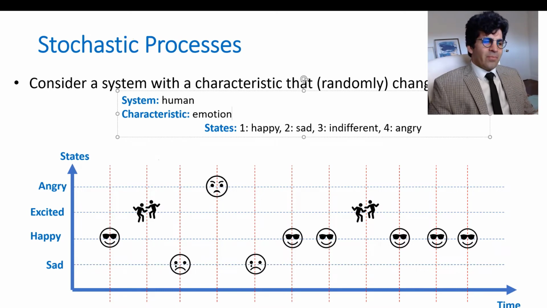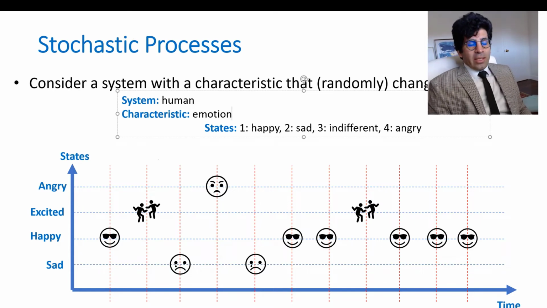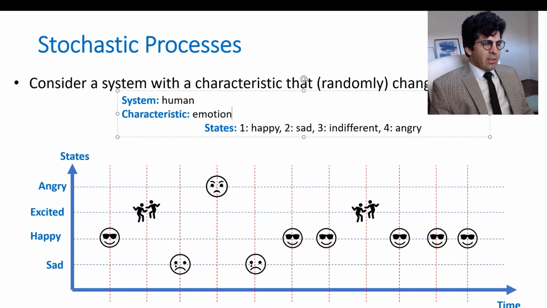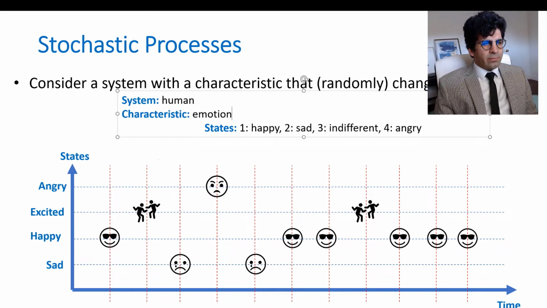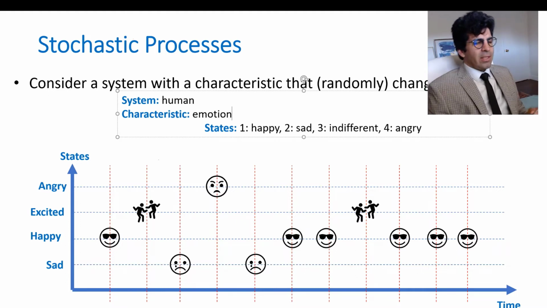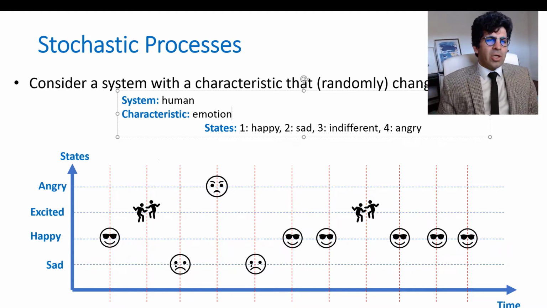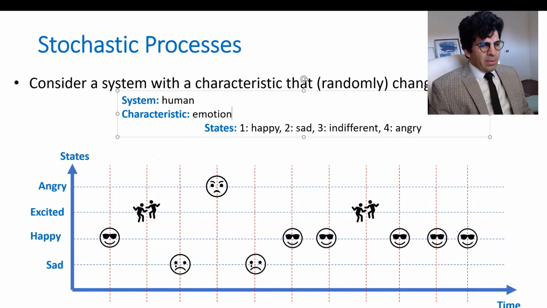Next day they were very sad because of what they saw, and then the following day they probably talked to some friends and figured out why that thing they saw at the party happened, and then now they're angry, and then they're sad again, and then they talk to more friends, and now they're happy. All right, now they're excited about their work and so forth, but we don't care about this.